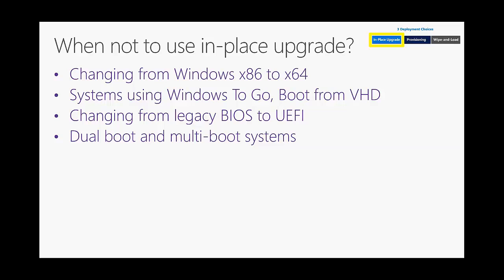Or systems are running Windows To Go, for example on a USB drive, or you're running a virtual hard drive on that device where you have multiple OS versions within that. Or you're changing from a legacy BIOS to a UEFI system, or you're running dual boot or multi-boot systems within the device. You don't have the option to do the In-Place Upgrade.